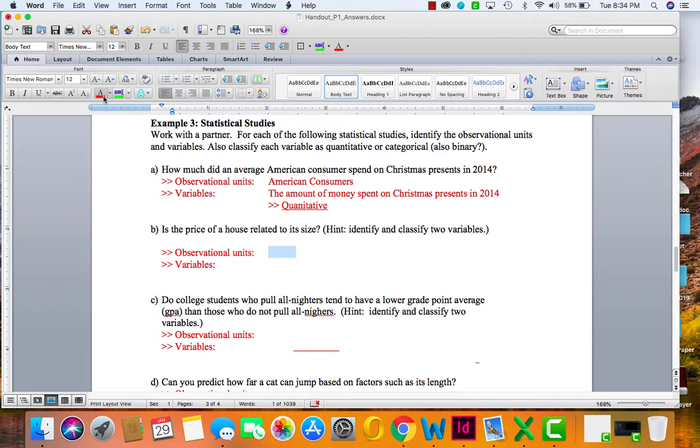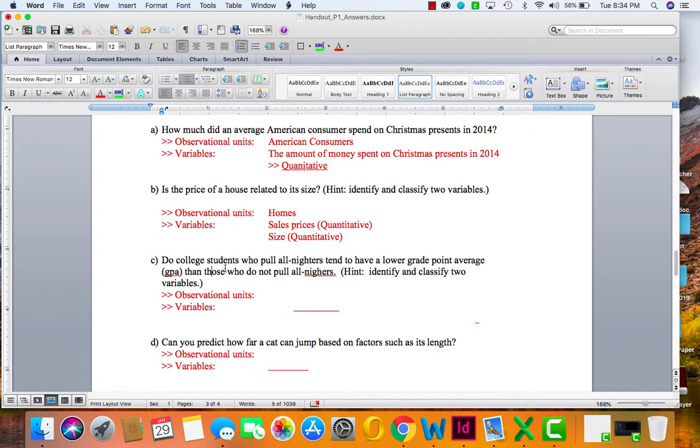So those will be our observational units, will be houses or homes. And what are the variables? So one variable is the sales price, and that's quantitative, and the other variable is the size. So there are two things that you're gathering in this case, responses. The responses are usually your answers to the variable.